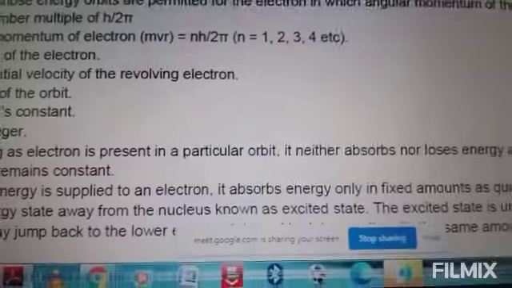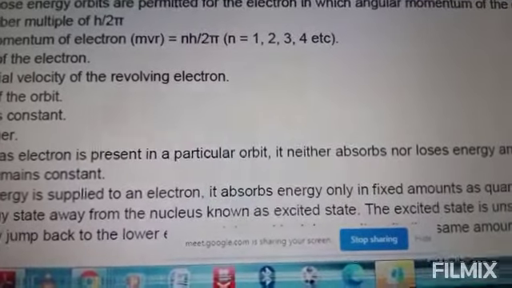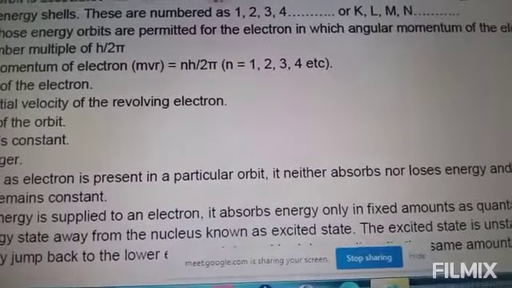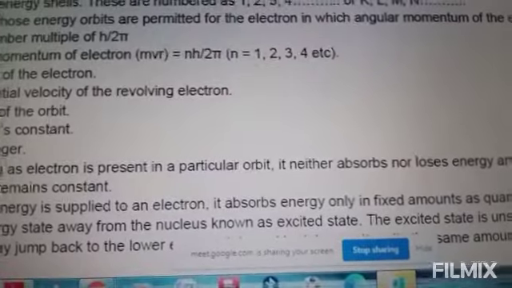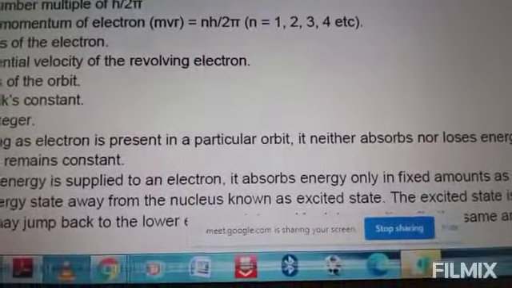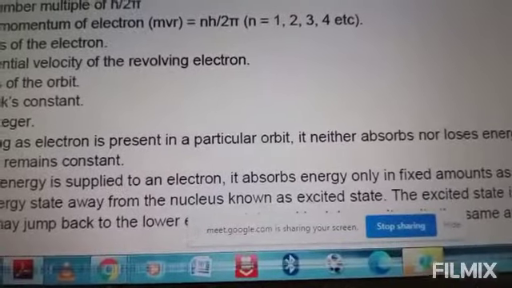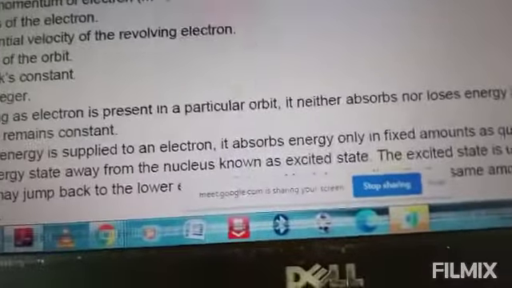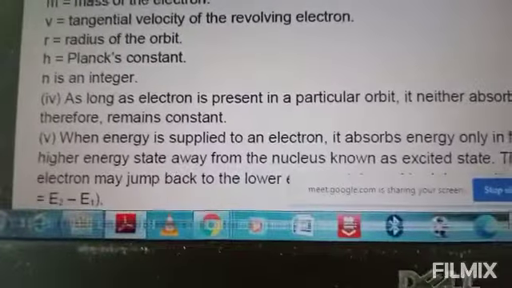So as we have already discussed, angular momentum is equal to mvr, which is equal to nh by 2 pi, where n is the shell, that is 1, 2, 3, 4, and m is the mass of the electron, v is the tangential velocity of the revolving electron, r is the radius of the orbit, h is the Planck constant, and n is an integer here.